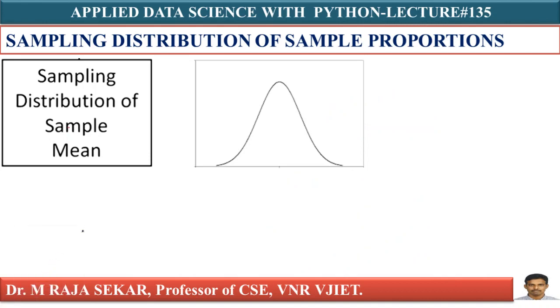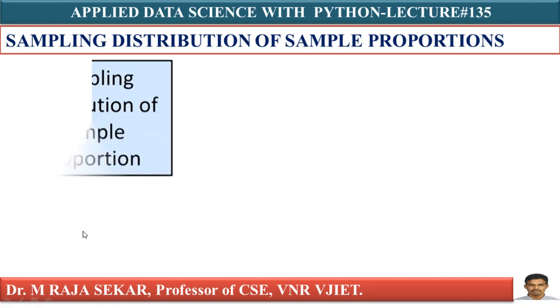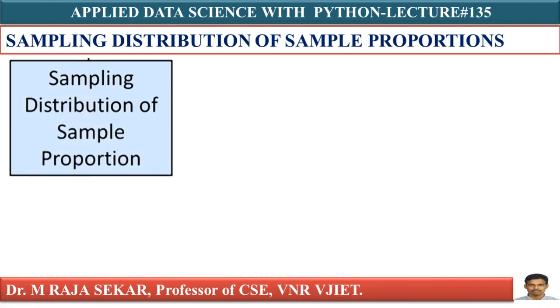Now we will try to understand the second type, the sampling distribution of sample proportions. Let me say I have a population, from which I am taking a first sample.